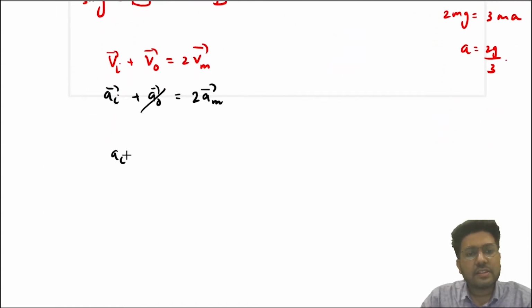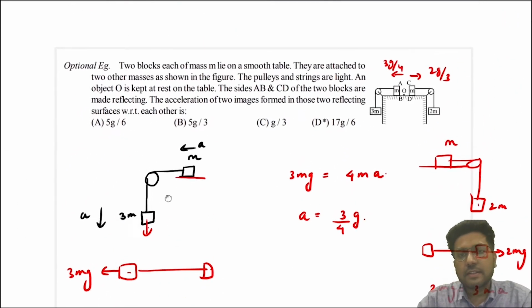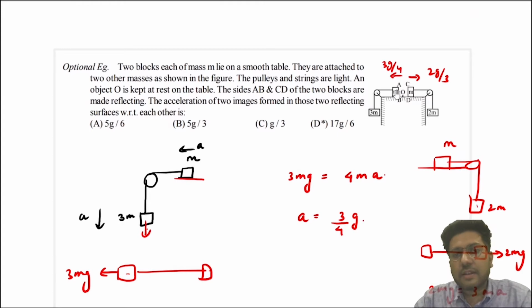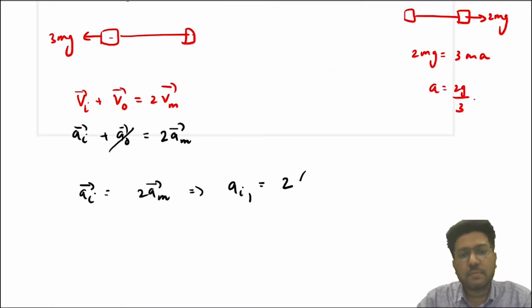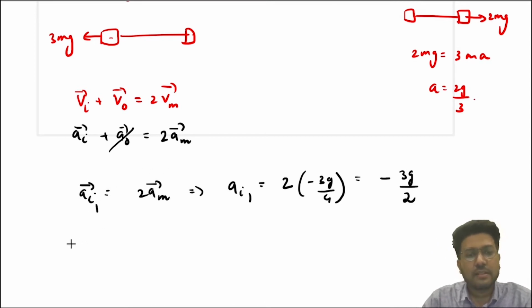So the acceleration of the image is 2 times the acceleration of the mirror. So the acceleration of image 1 will be 2 times the acceleration of mirror A. Mirror A is moving towards left with 3g by 4, right? So I'll write it as minus 3g by 4. So this is equal to minus 6g by 4, or you can say minus 3g by 2. This is the acceleration of image 1.